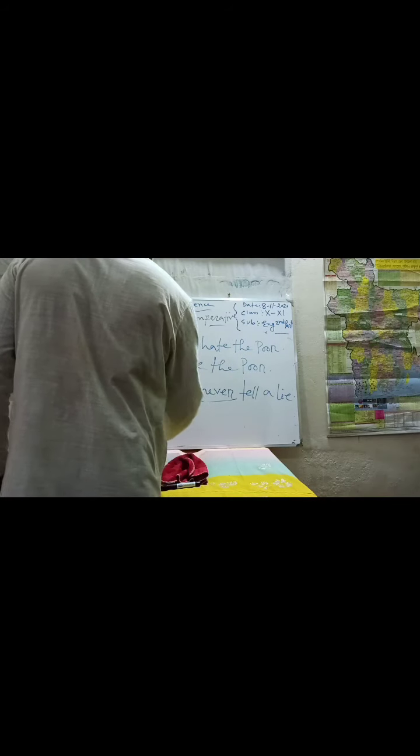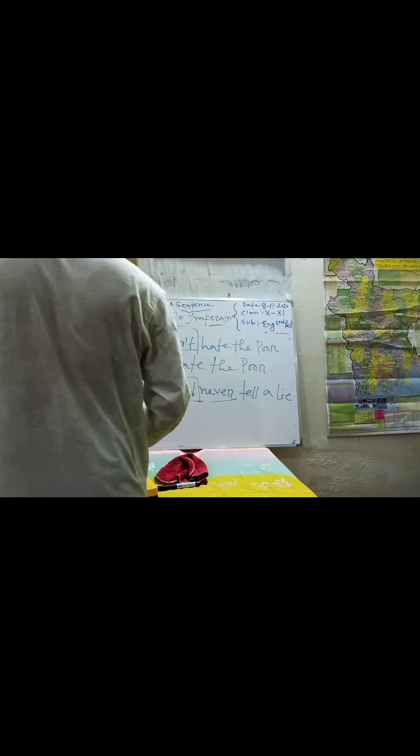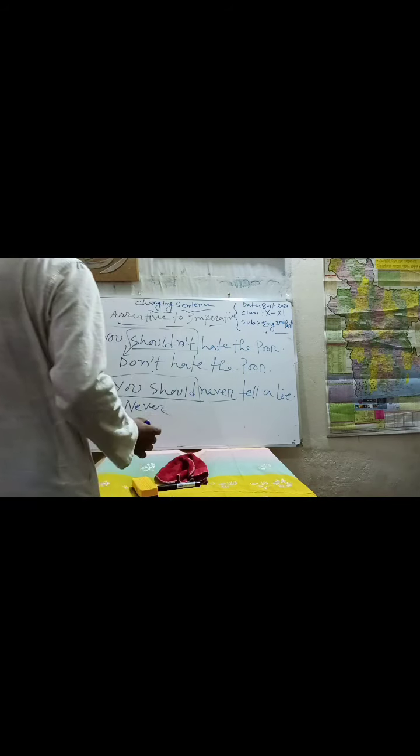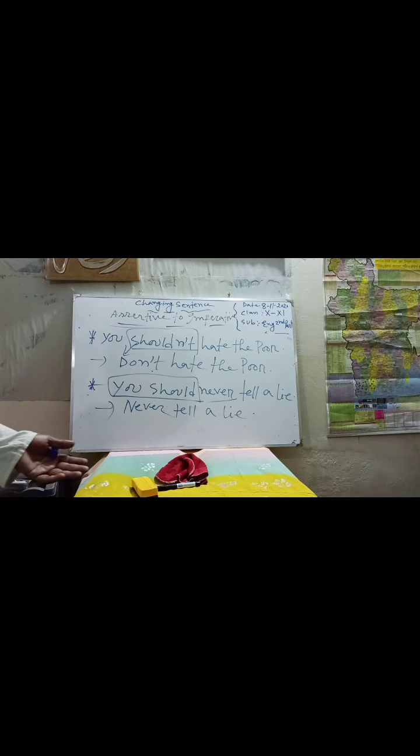We don't use you should. We use never and then the principal verb and then extension. If we get never in an assertive sentence, we use never in an imperative sentence.